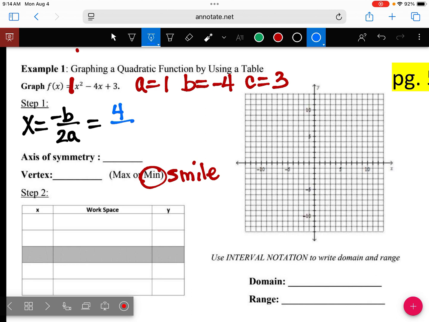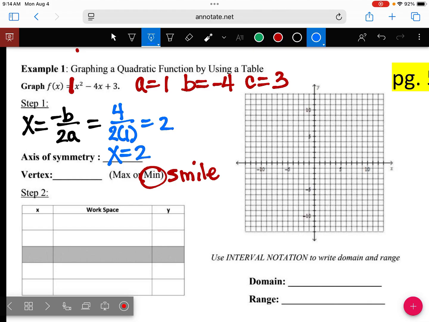That's divided by 2 times A, which is 2 times 1. So 4 divided by 2 times 1. Go ahead and figure out what you get. You should get 2. So that means for axis of symmetry, I want you to write X equals 2.